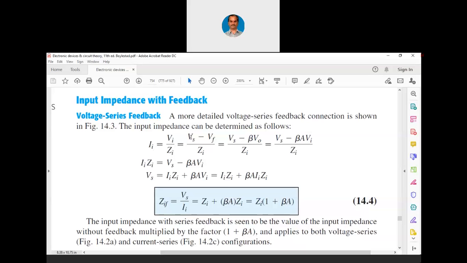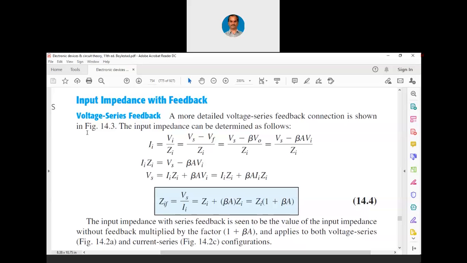Now Vi is nothing but Vs minus Vf, divided by Zi, as you already recall the block diagram. Input voltage is signal from the source minus Vf because of the negative feedback. Now Vf is nothing but beta into V0, which you already know. So Vs minus beta into V0 divided by Zi. Or again, what is V0? V0 is equal to A into Vi. So now Vs minus beta into A into Vi divided by Zi, that is Ii.